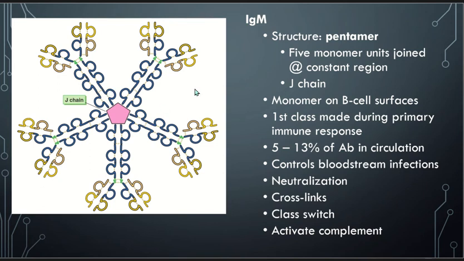And just want to point out, notice how they're all joined by the constant region. You want to do it that way because you want that Fab region pointing outward to be able to bind to antigens. And this is really great because it's the first class that's made during the primary immune response, so it's really nice to have something so effective at binding.